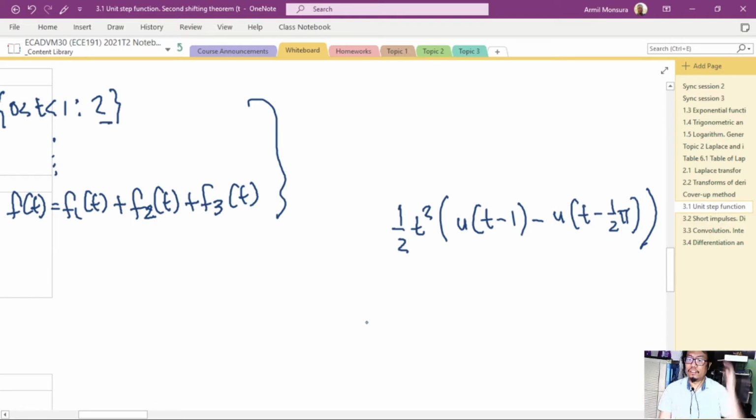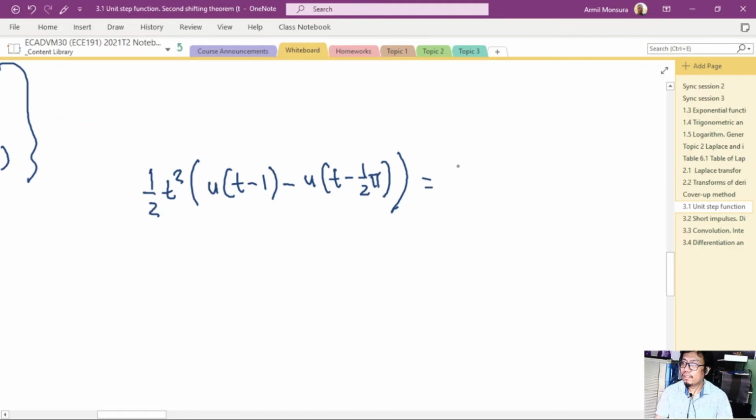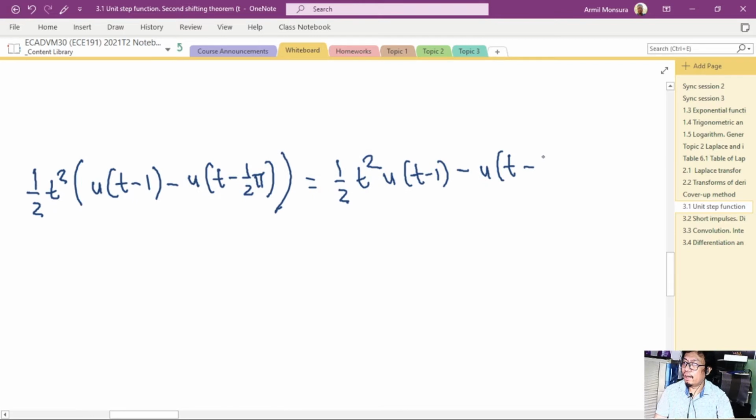For us to be able to get the Laplace transform of this, we need to expand this as 1/2 t square u of t minus 1 minus u of t minus 1/2 pi.